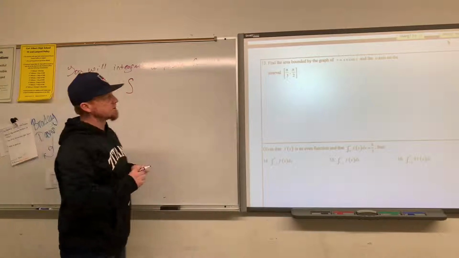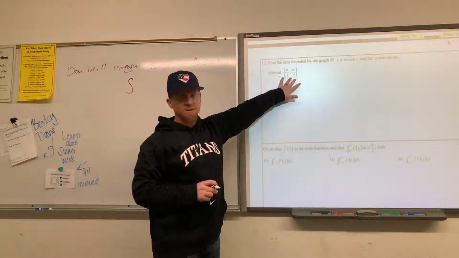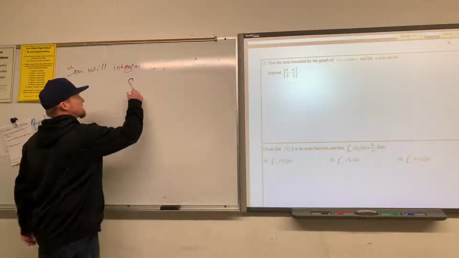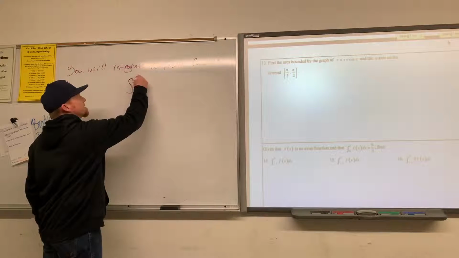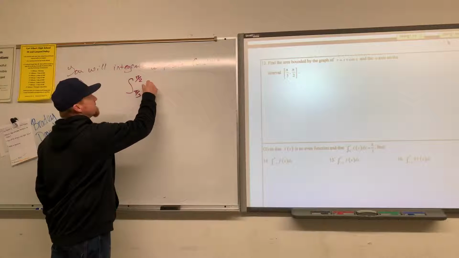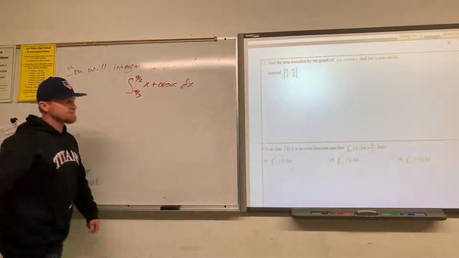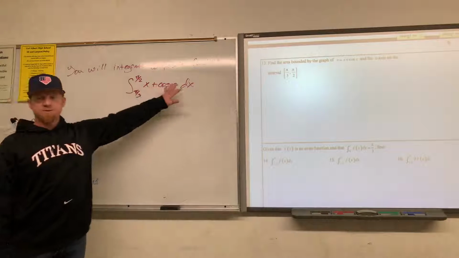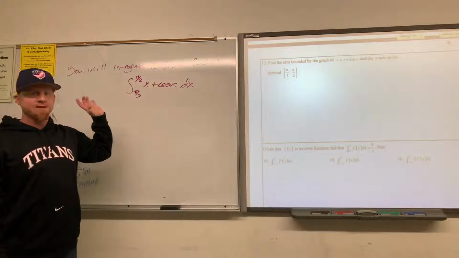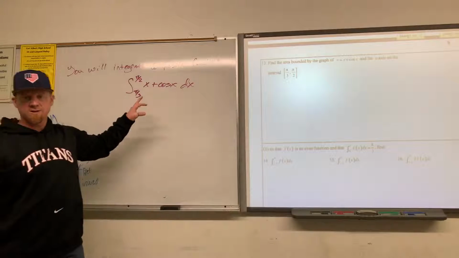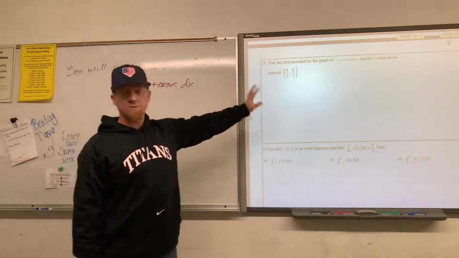So definite integral, and we're talking about this interval, so we're going pi over 3, pi over 2, and we have x plus cosine x dx. Okay, not a composite function because we don't have anything inside of anything else, so in this problem we don't need a u. That's why I'm kind of wondering why it's on this worksheet.